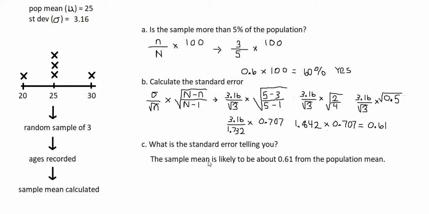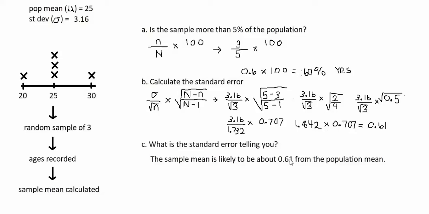So in this situation over here, if the sample mean came out to something like 25.5, that wouldn't be very surprising, because that would be 0.5 off target, and 0.5 is pretty close to 0.61. It's pretty close to what the standard error is predicting.